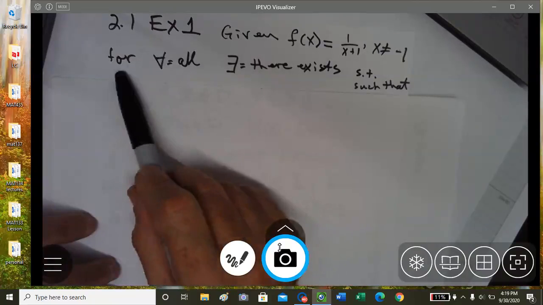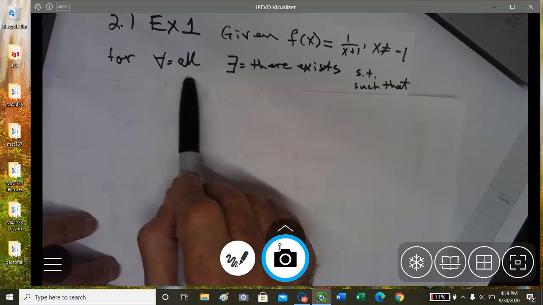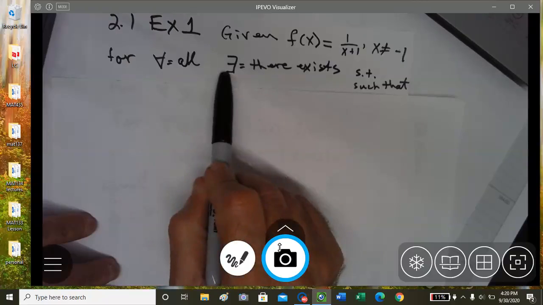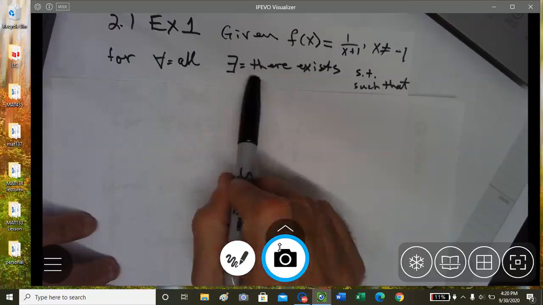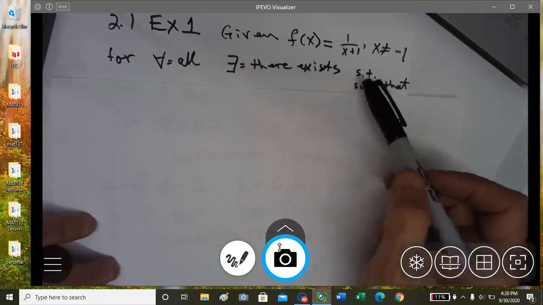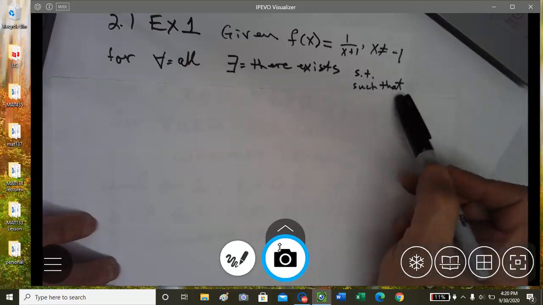We're going to use this upside down looking A, and that means "for all." And here we use this backwards looking E symbol, that means "there exists." ST means "such that."